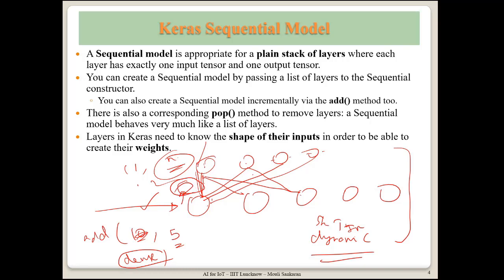So when the model is created and the first time you are feeding some data, based on the type of the data that comes in, the model understands that that is the input it is supposed to get. So it creates the weights for the first time. After that, it knows that is the input that is coming, so it will start doing it.